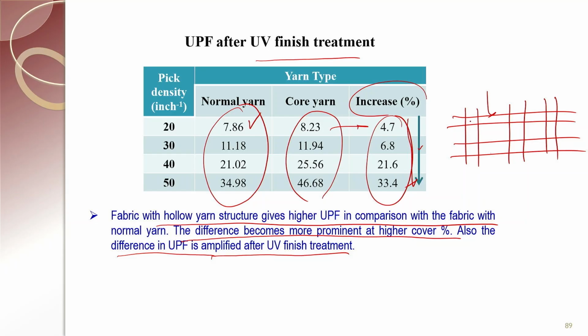So, after finishing the yarn component will 100% block, because the finish treatment is there, only the chance is there for UV to get transmitted through the pores available. But in case of unfinished, untreated fabric, the UV ray can move through the yarns also. So, that is why it is getting amplified.